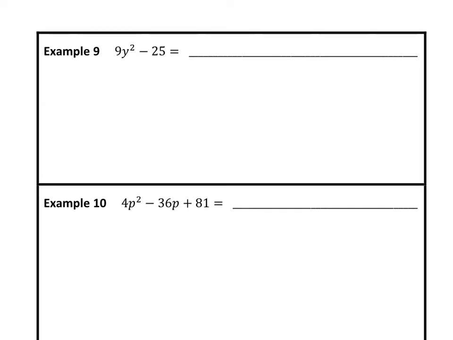Example 9, it looks like we have two terms. We want to check if there's subtraction going on. Yes. Can I take the square root of the first term? Square root of 9 is 3. Square root of y squared is y. Yes, we can take the square root. Can I take the square root of 25?